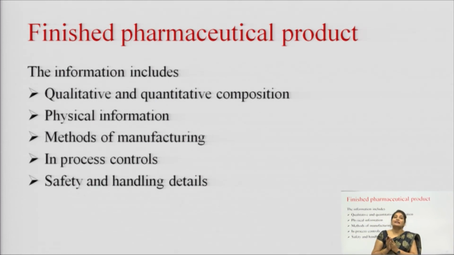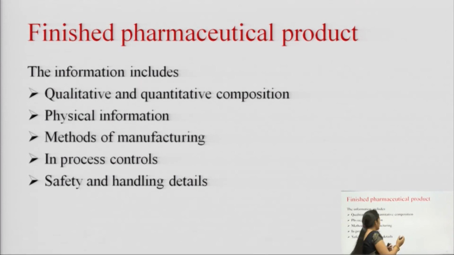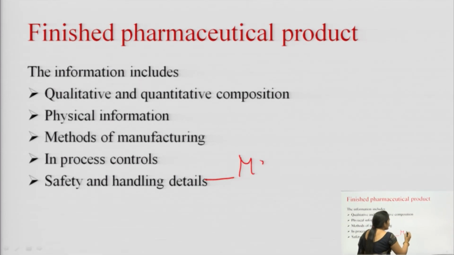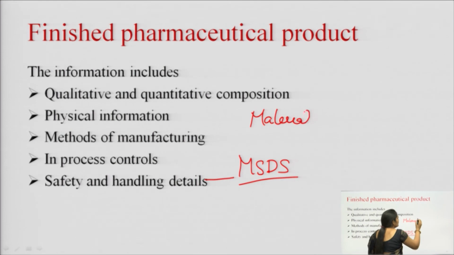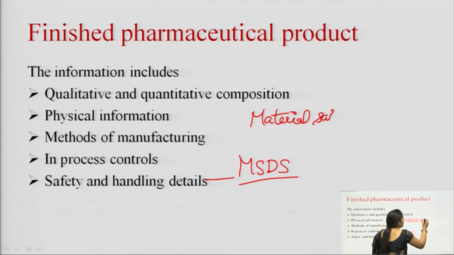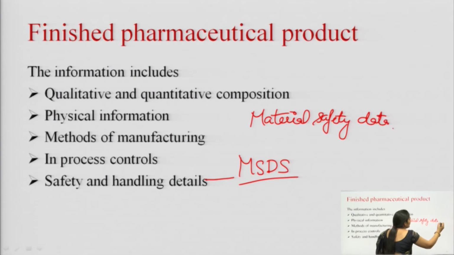Safety and handling details: all the details related to the safety should be described in the form of material safety data sheet, in the form of MSDS. MSDS stands for material safety data sheet.